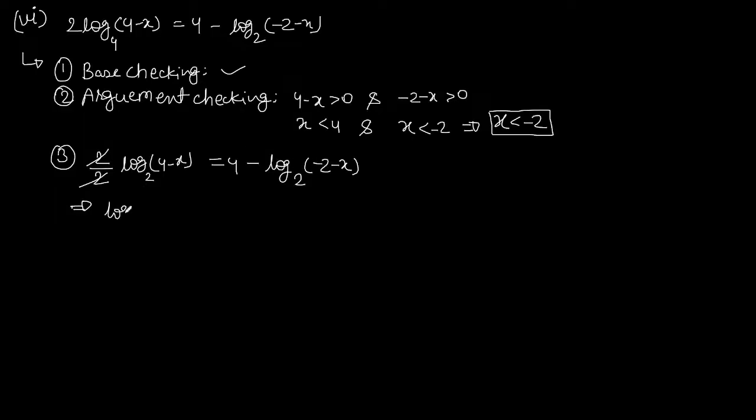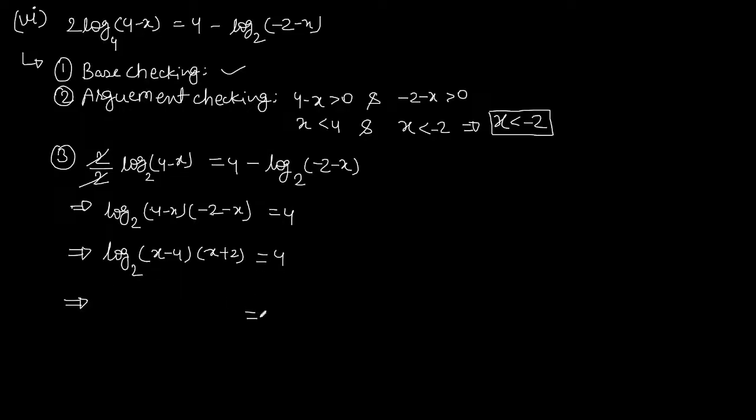It is nothing but log base 2 of (4 minus x) into, this will come this side, it will become plus. So plus will come in the form of minus. It is log (x minus 4)(x plus 2) base 2 equal to 4.